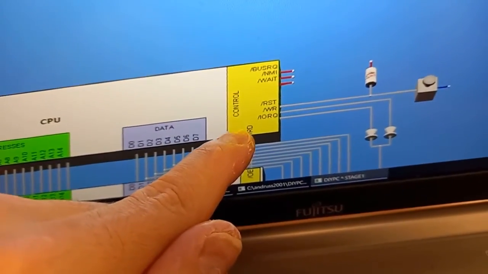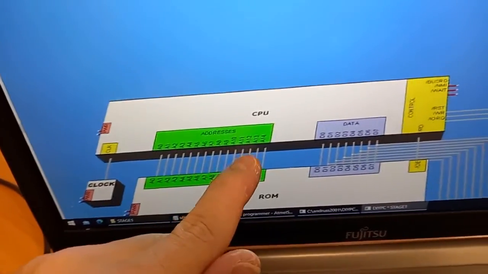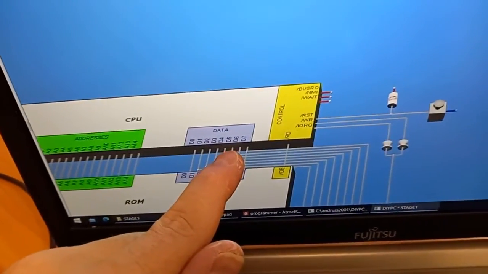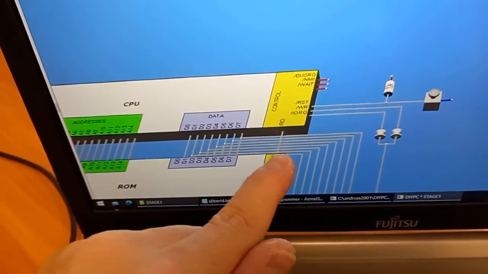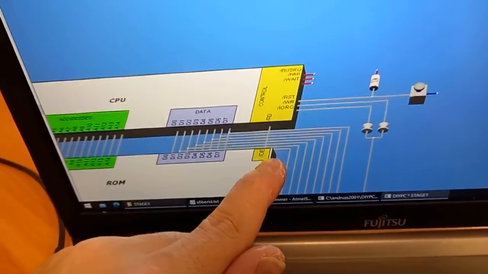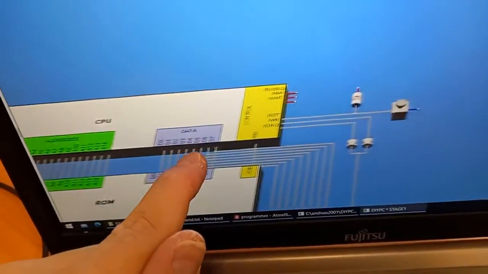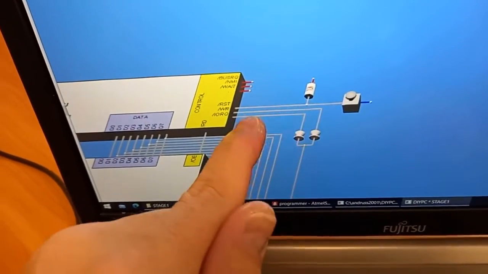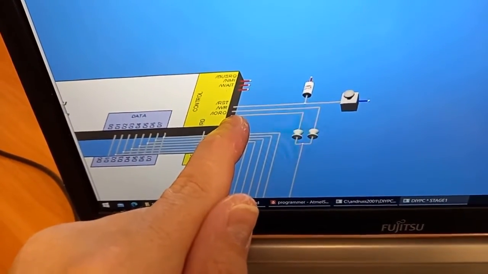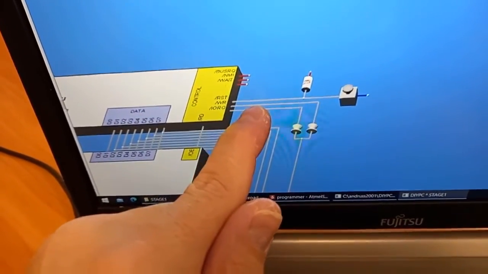So when the CPU got the second instruction, to output to the data bus byte AB and to the address bus byte 56, it pulled low these two pins, which were usually high, usually positive all the time.